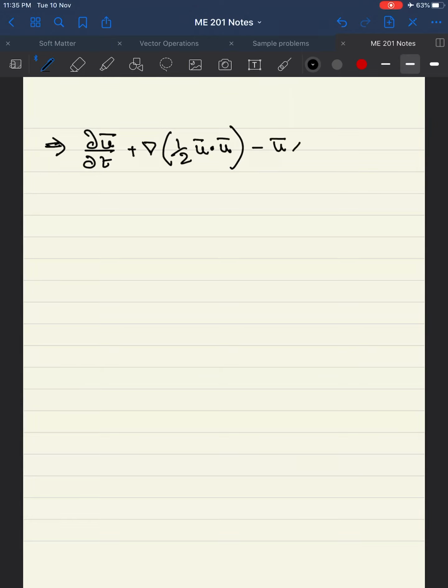Okay, so let's do that, and what we now find is that on this side you will have del u del t plus del of half u dot u, we'll keep it this way, minus u.